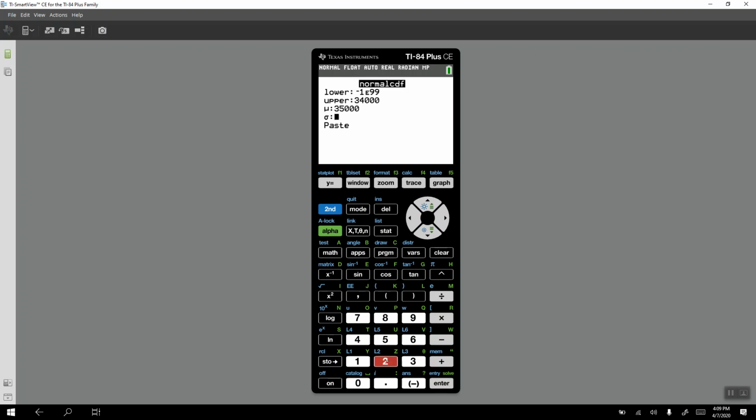Standard deviation was 2,250. There we are. So that looks exactly like I wrote it down on my whiteboard. And I'm going to hit enter. There we are. So look at this answer. Again, take about 3 decimal points. 0.328.